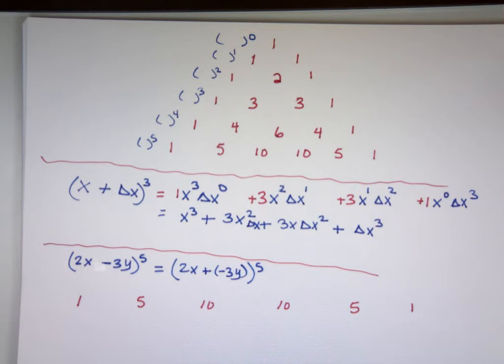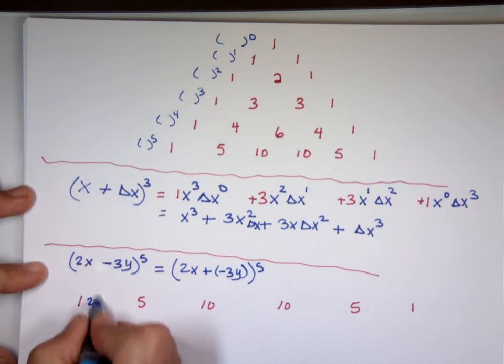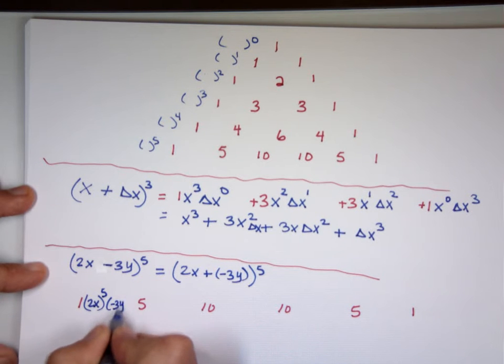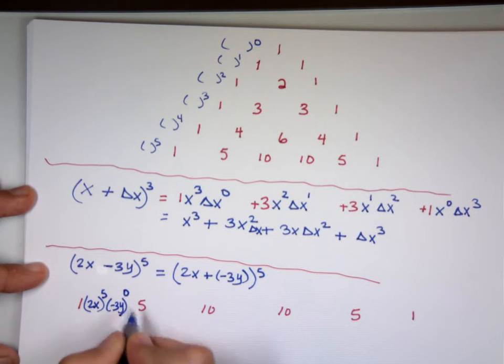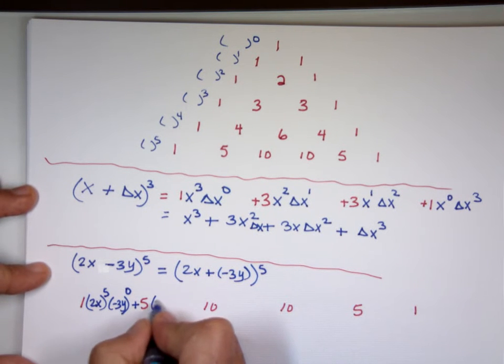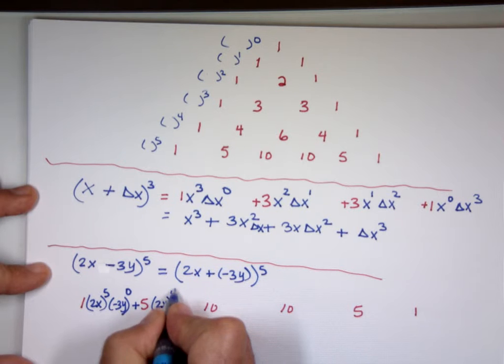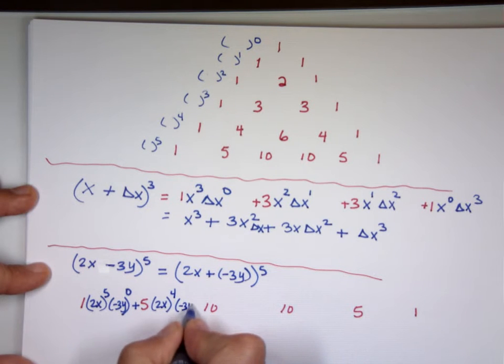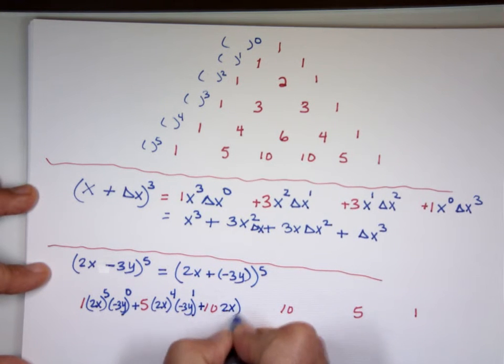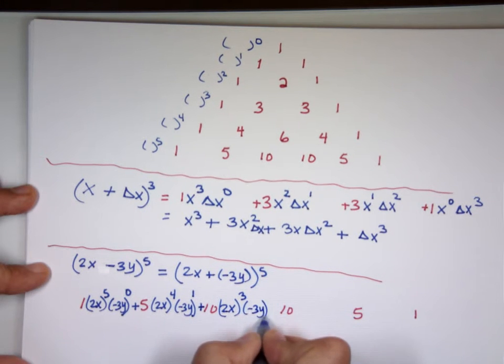Start with the first one raised to the 5th power. 2x to the 5th. Negative 3y to what power? 0. Plus 2x to what power now? Fourth, negative 3y to what power? 1. Plus 2x to what power? Third, negative 3y to what power? Squared.